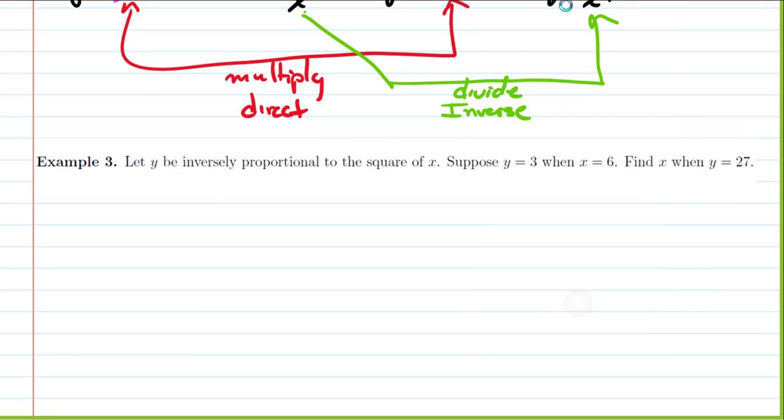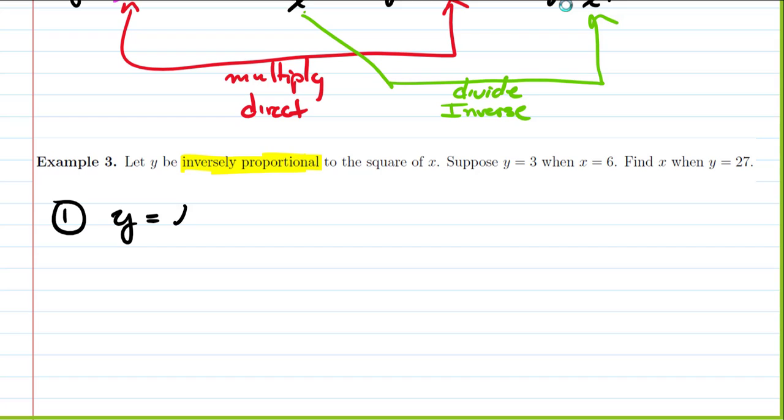So let y be inversely proportional to the square of x. Suppose y equals 3 when x equals 6. Find x when y equals 27. Our first step is to write down our type of variation. Our keyword this time is inverse proportionality.